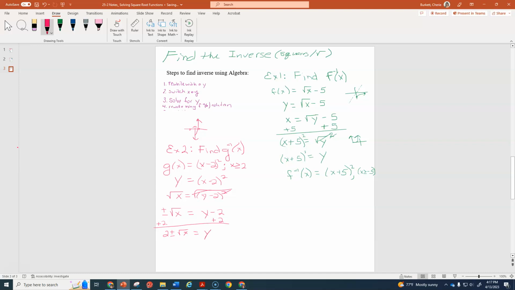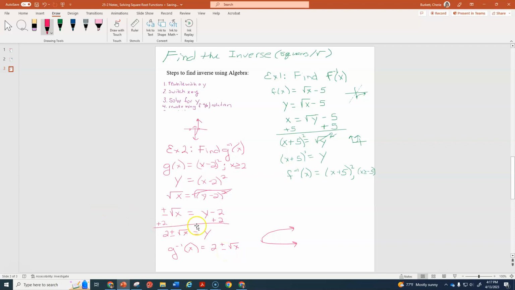Now, if we rewrite that as the inverse, and we put 2 plus or minus the square root of x. If we were to graph that, that's going to give us the 2 branches. The positive branch is going to be going up like this, and then the negative branch, where we subtract right here, 2 minus, will have us going down like this.